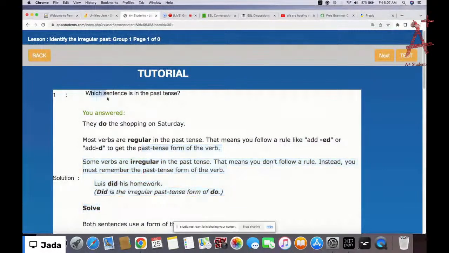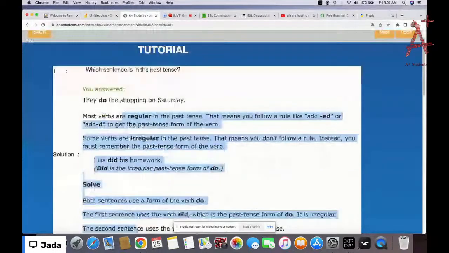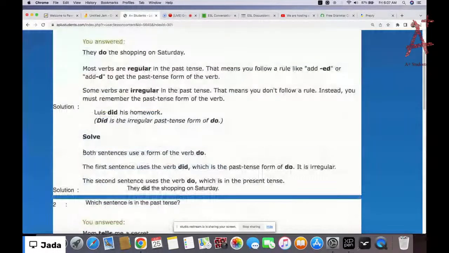Now, which sentence is in the past tense? They do the shopping on Saturday. So when you say do, is that present? They did is past tense. So let's look at this now. Both sentences use a form of the verb do. The first sentence used the verb did, which is the past tense form of do.